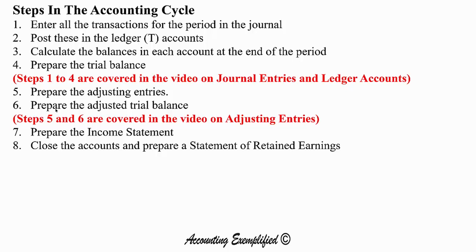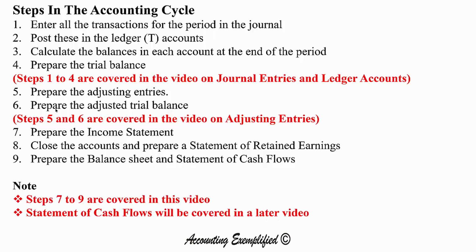And then, after closing those temporary accounts, it prepares the statement of retained earnings. At last, the company prepares the balance sheet and statement of cash flows. Now, steps 7 to 9 are covered in this video, and the statement of cash flows will be covered in detail in a later video.